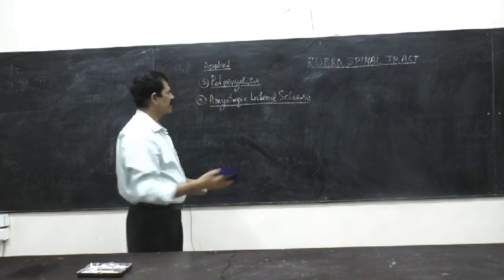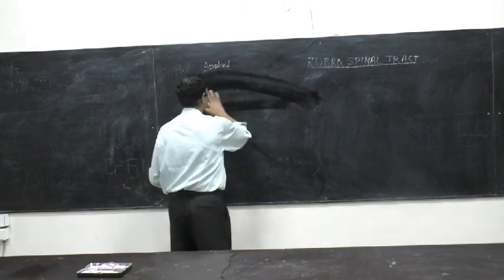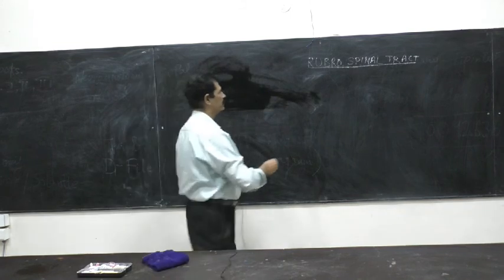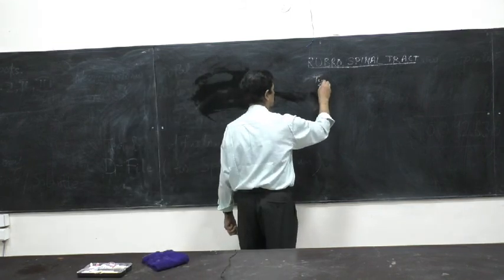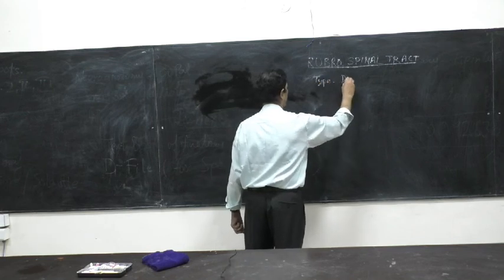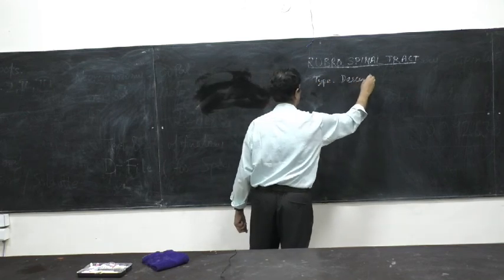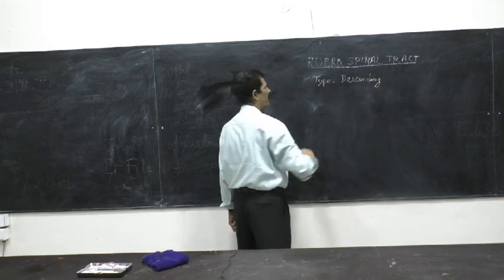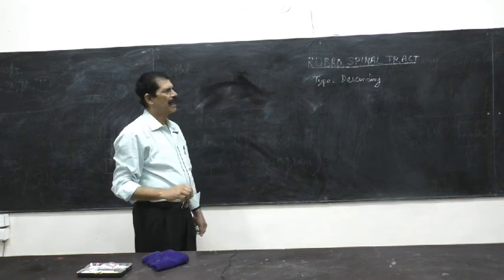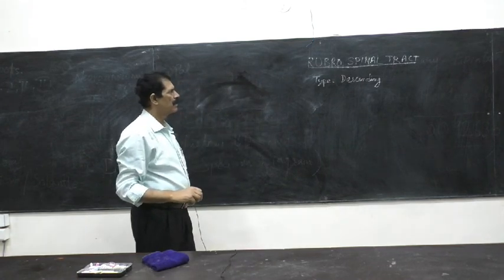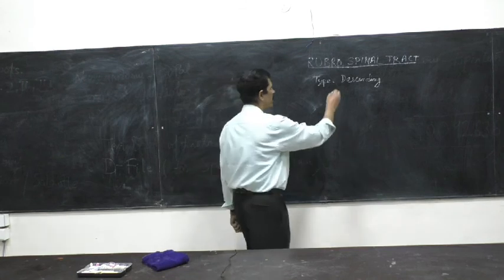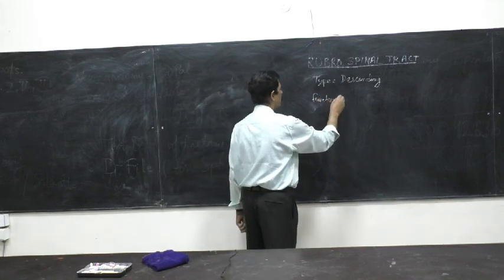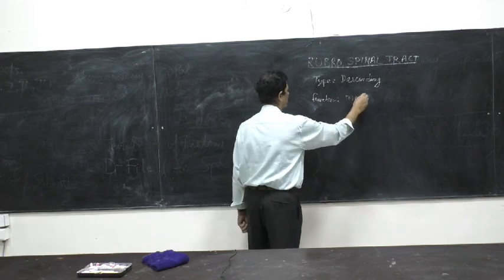As the name suggests, the rubrospinal tract is also a descending tract, like the corticospinal. And this descending tract is also functionally related to motor function.